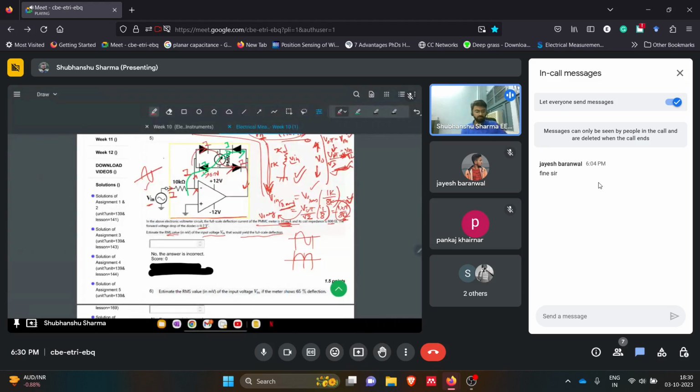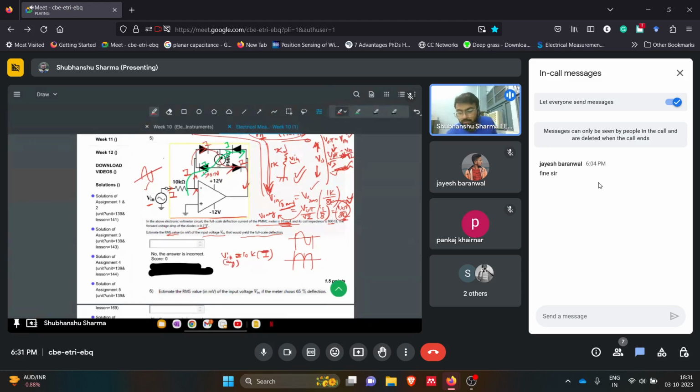So let's say for the positive cycle, I is like that. So what will be V in? V in will be 10k into I. But one thing to keep in mind is that this is the average value, so this is V in average. Why is this the average?